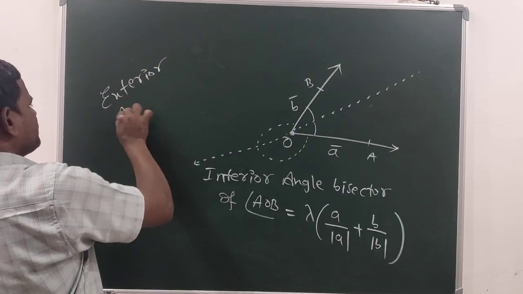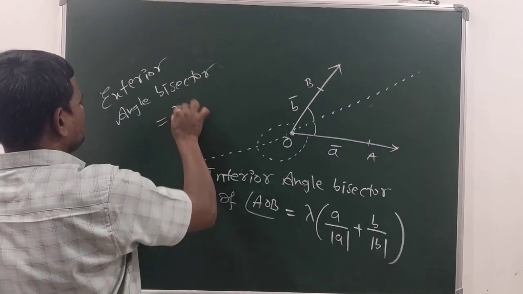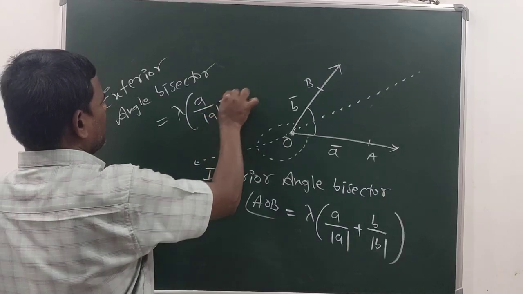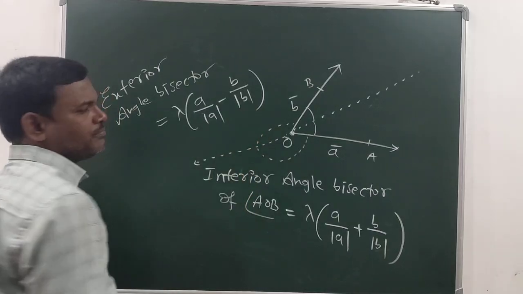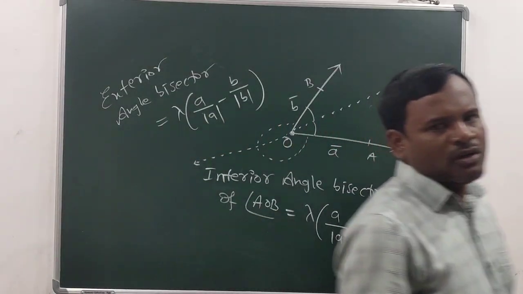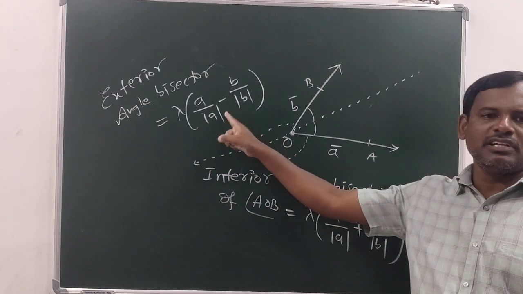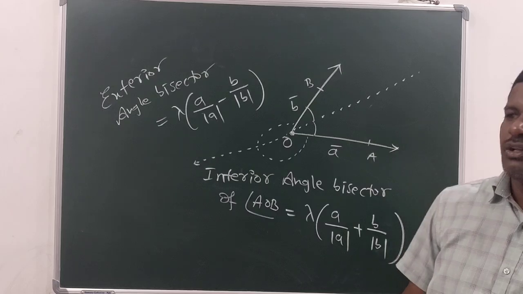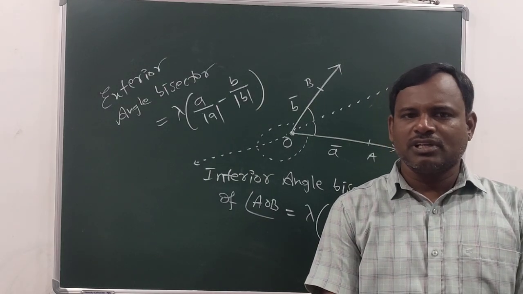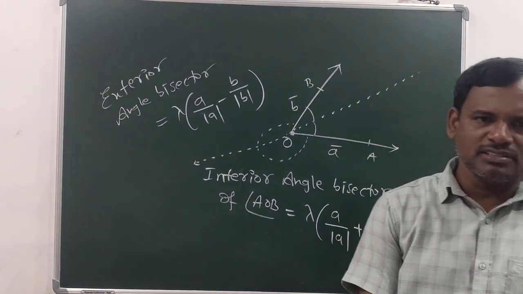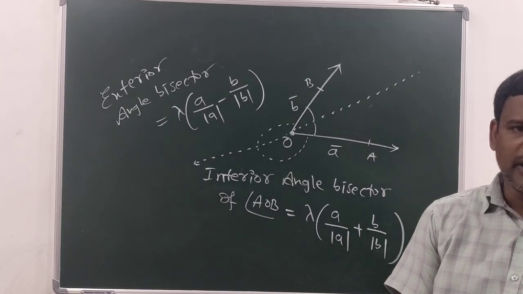Exterior angle bisector is equal to lambda into A by mod A minus B by mod B. Okay students, for the interior angle bisector you will get plus here, and for the exterior angle bisector you will get minus here. So these are the important conceptual points which are related to the addition of vectors. I hope you have understood my class. Thank you one and all.